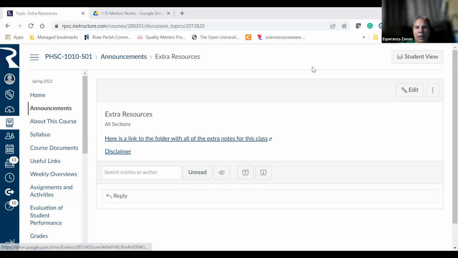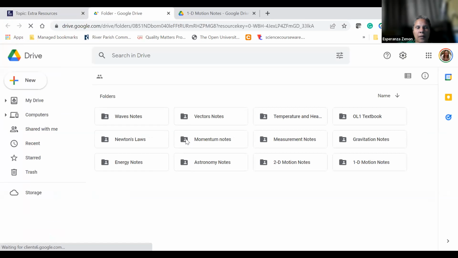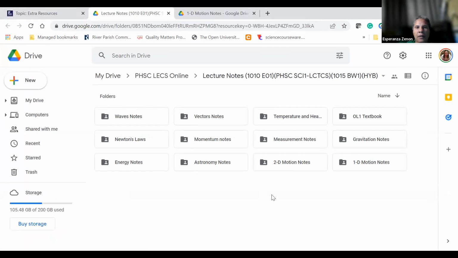Where'd my share go? Oh, there we go. My bad. I'm thinking I clicked on the share. Sorry. Are you seeing that screen now?